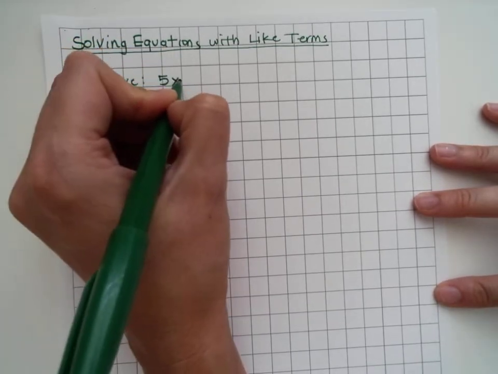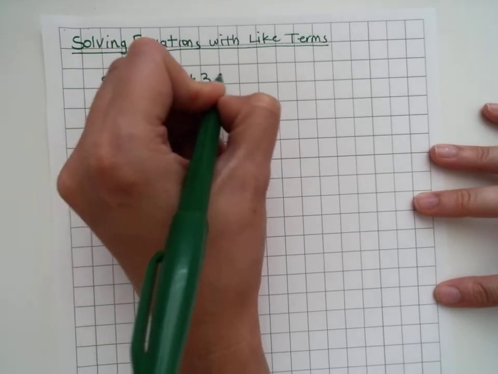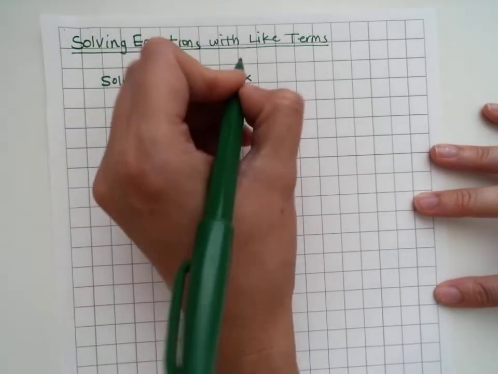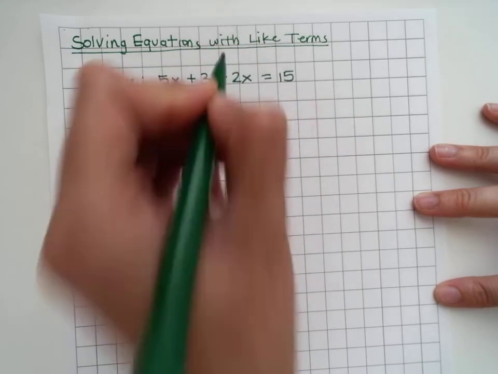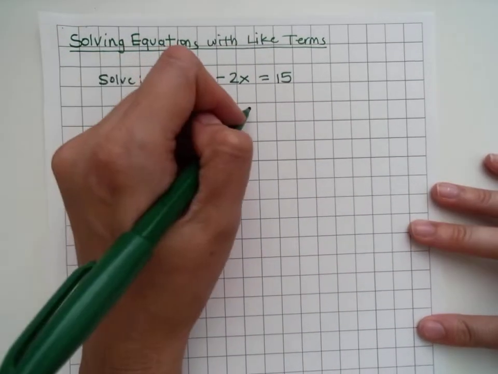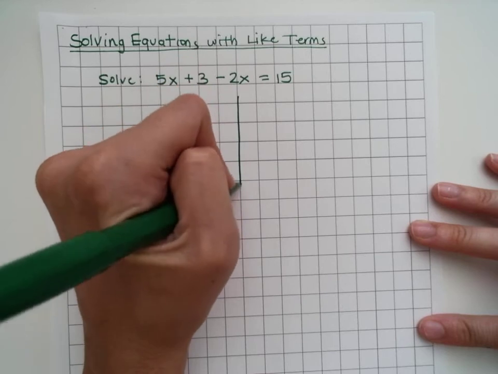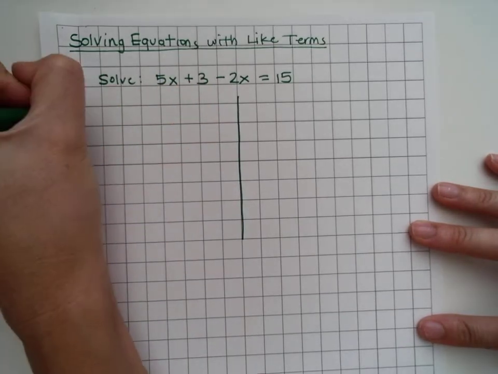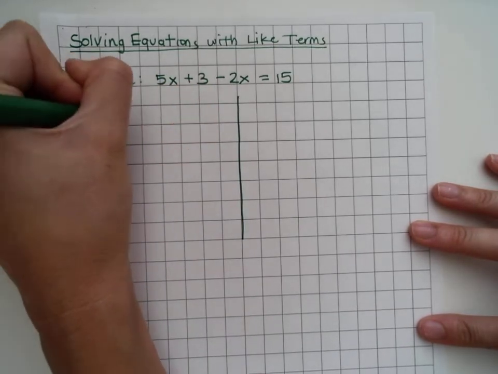So we have 5x plus 3 minus 2x equals 15. Draw our line, we'll bring down our problem.